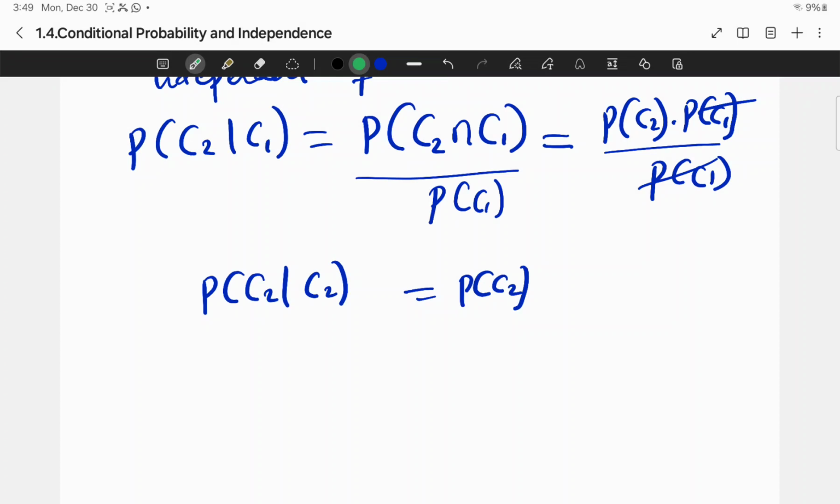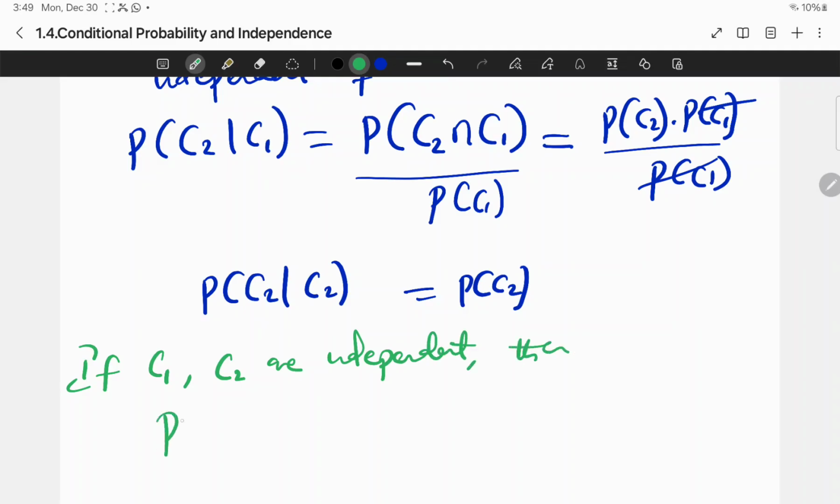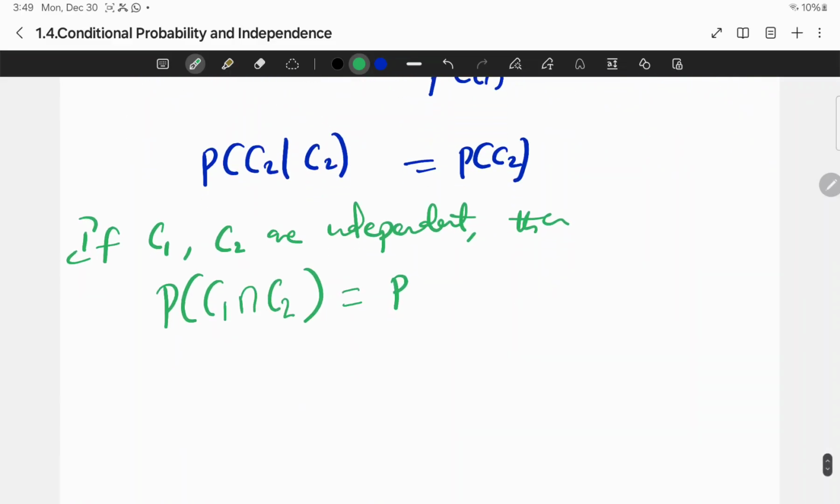In other words, if C1, C2 are independent, then the probability of C1 intersection C2 is equal to the probability of C1 times the probability of C2.